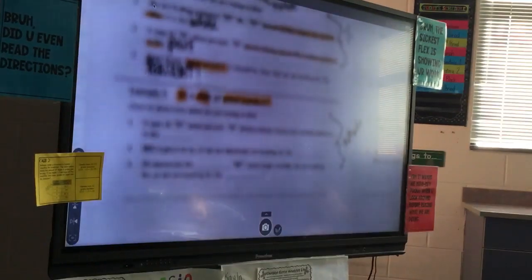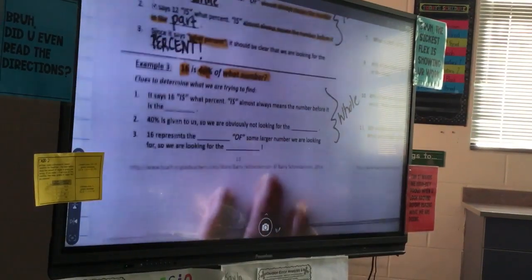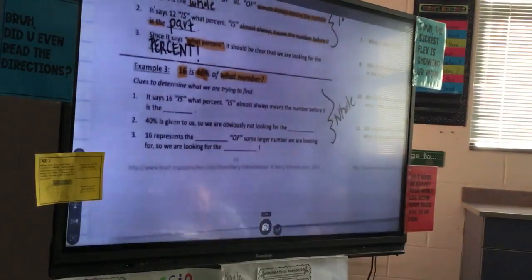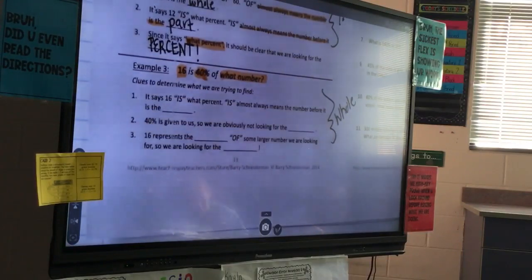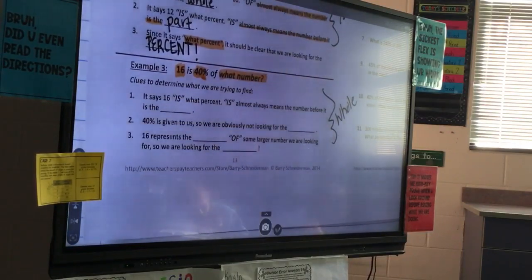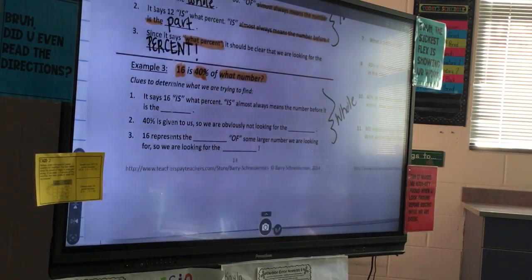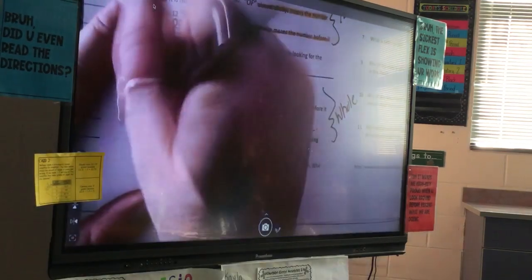Go ahead and focus. Raise your hand and tell me what 16 is or what 40% is. So we're talking, is it the part or the percent? Tell me which one is which. Like, 16 is the whole and 40 is the, nope.